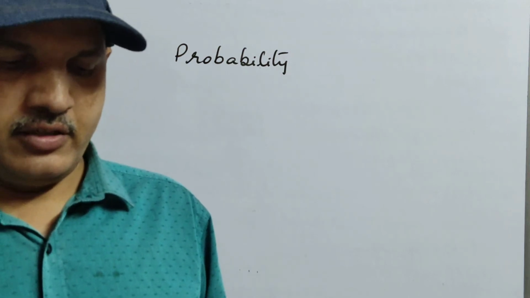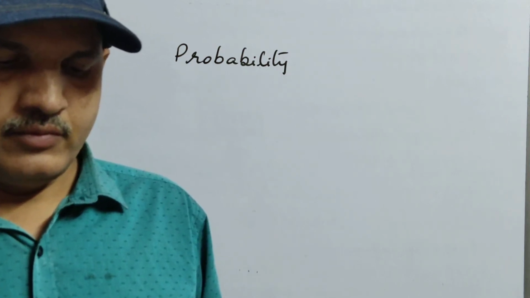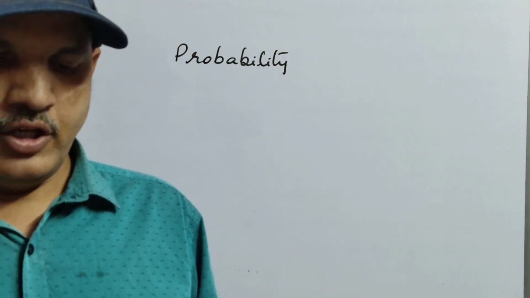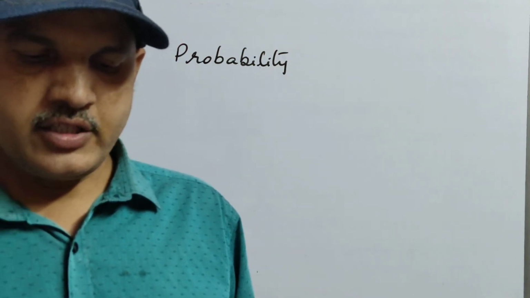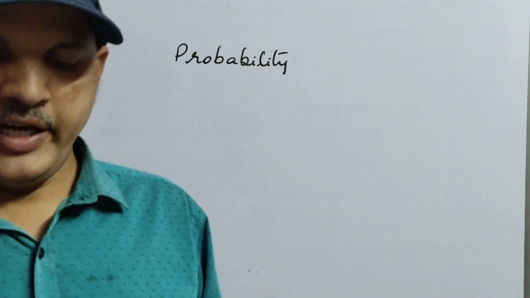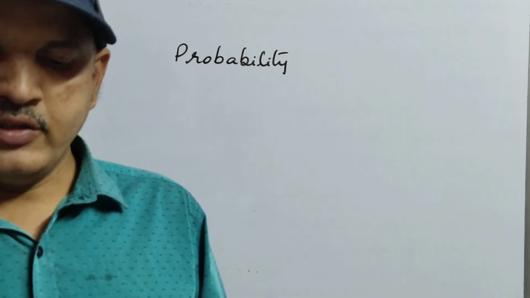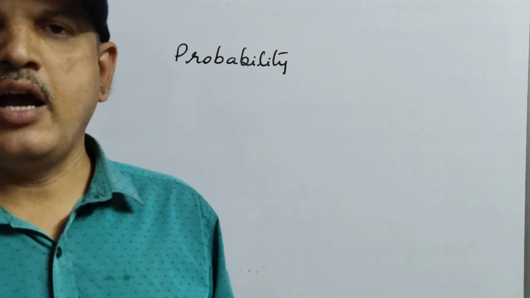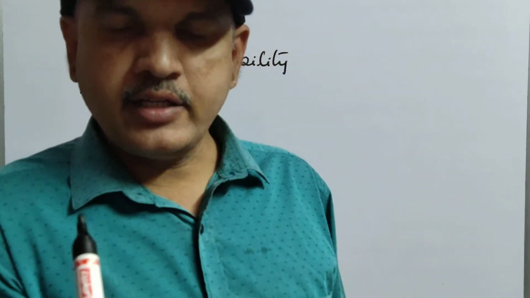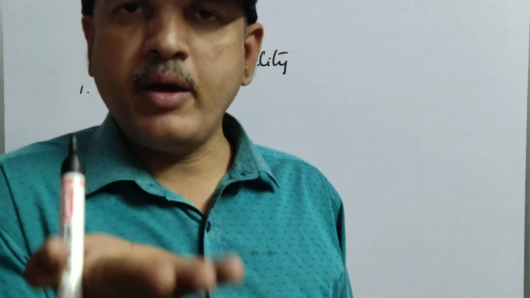Okay, see here, you are older today than yesterday. Certain to happen. Yes, it is going to happen. Next, a tossed coin will land heads up. When you are tossing a coin, head came up.